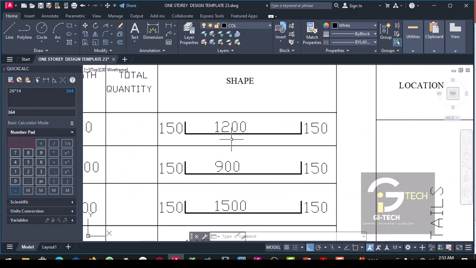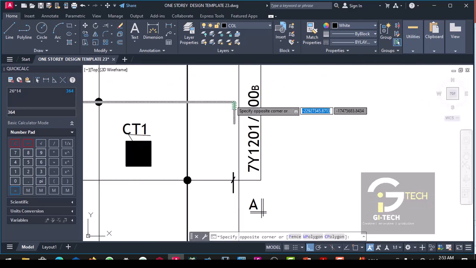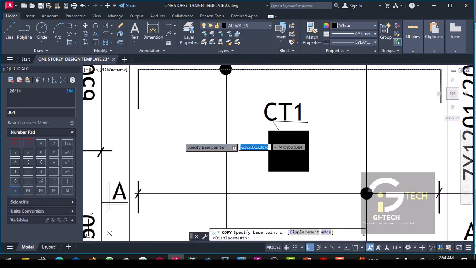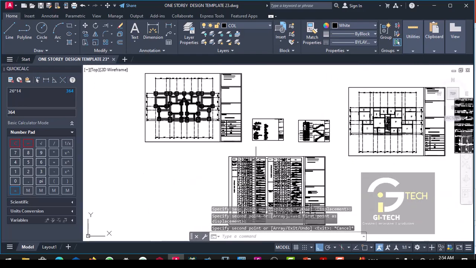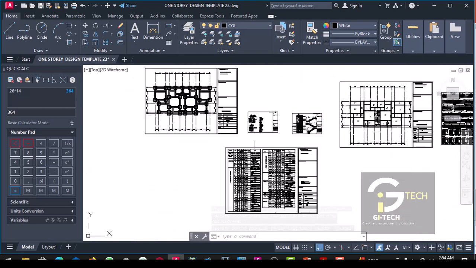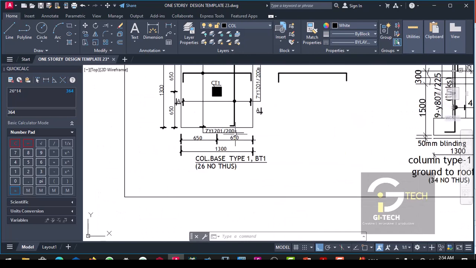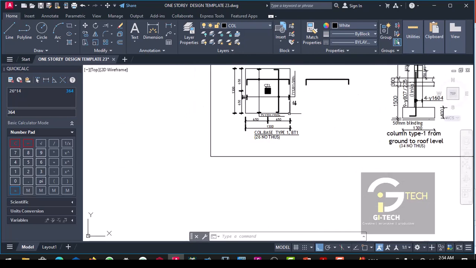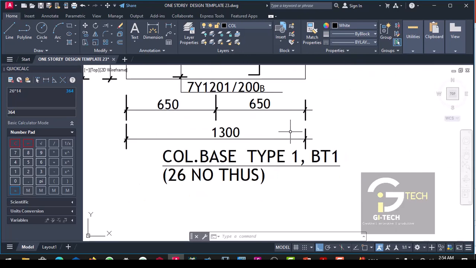So here we have the shape of the reinforcement. If you pick this reinforcement out from here, this is how the shape looks like. So we have to represent it here. From here to here we have 120. How do we have the 120? When you look at the entire column base, it is 1,300.